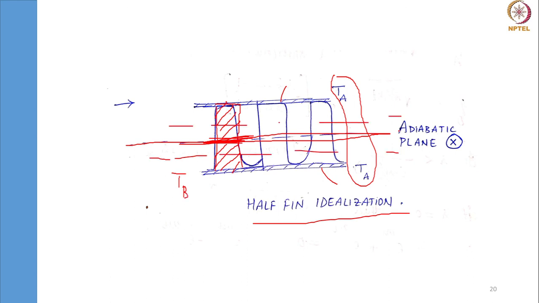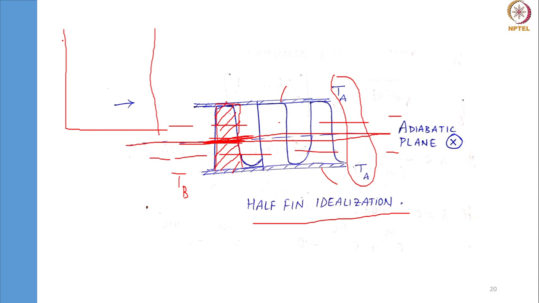There are also cases where R, that is theta b by theta a, is less than 1 by cosh ml. You can find it in the NPTEL lecture videos. For the sake of discussion I'll draw this, but you can find a proper explanation in the videos.